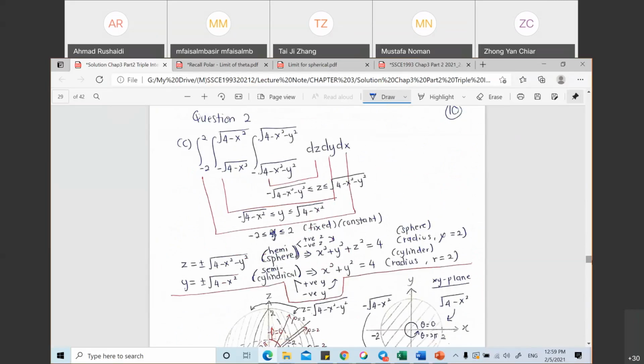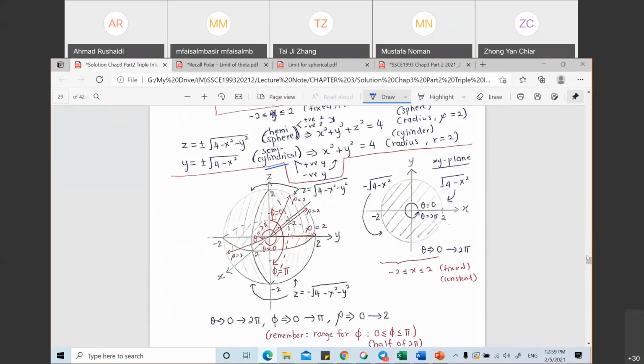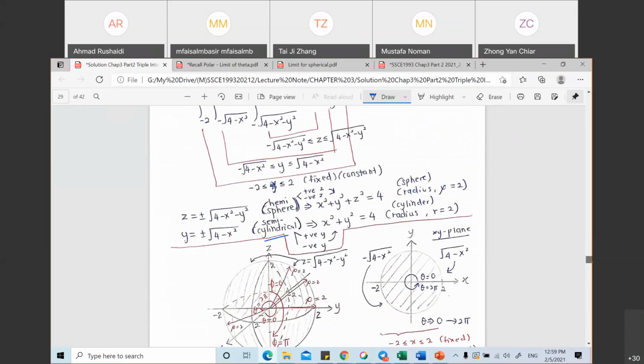Okay, 2c. You have y from negative to 2, which is fixed. And from here, you can get a circle, which leads to a cylinder. And then this is a sphere, hemisphere, full sphere, is it? Yeah, because negative to positive. So you have to draw a full sphere here. And then we have a cylinder inside. For the sphere, the radius is 2. For the cylinder, the radius also equals 2.